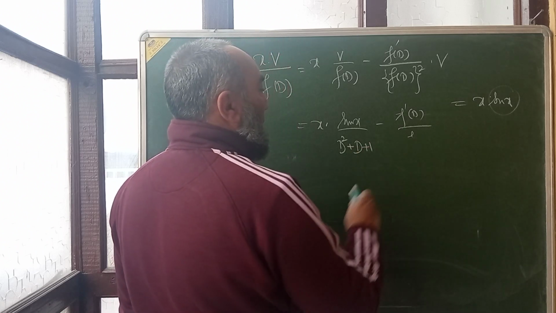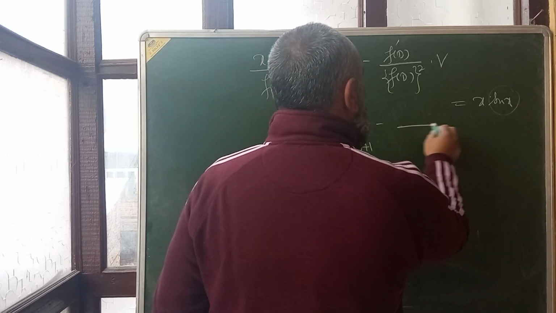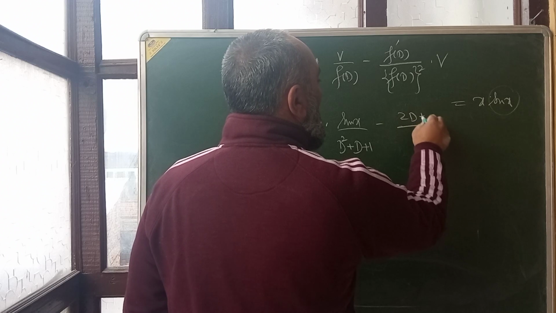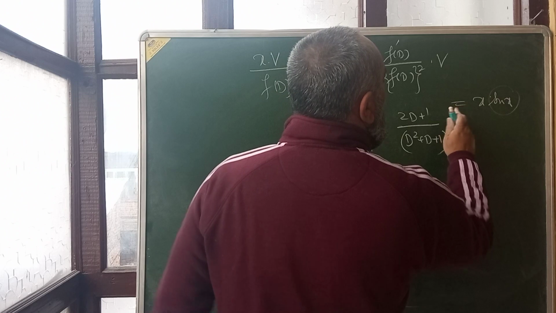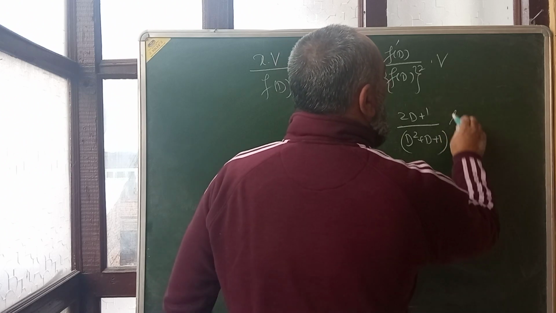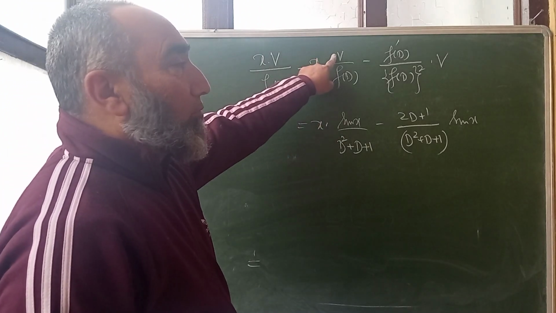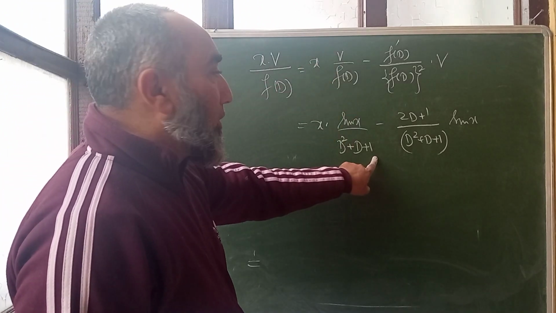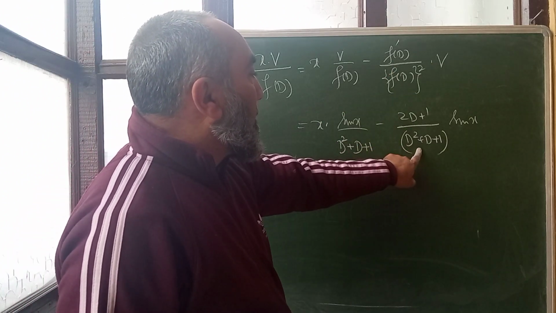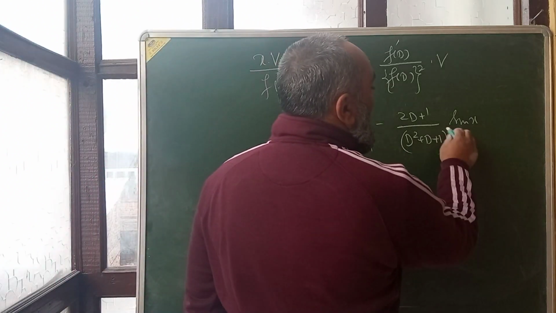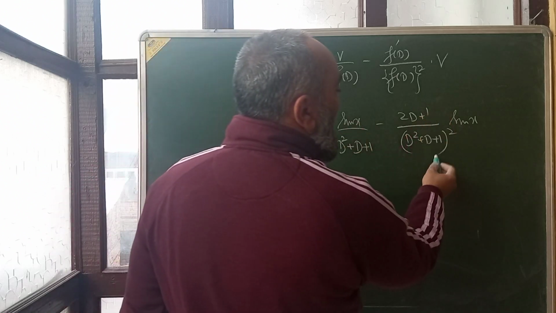Yeah. Okay. Now the derivative is 2D plus 1, then (D square plus D plus 1) whole square operating on sin x. So x times sin x upon (D square plus D plus 1) minus (2D plus 1) upon (D square plus D plus 1) whole square operating on sin x. So this is quite easy. You have to replace D square by minus 1 and operate.